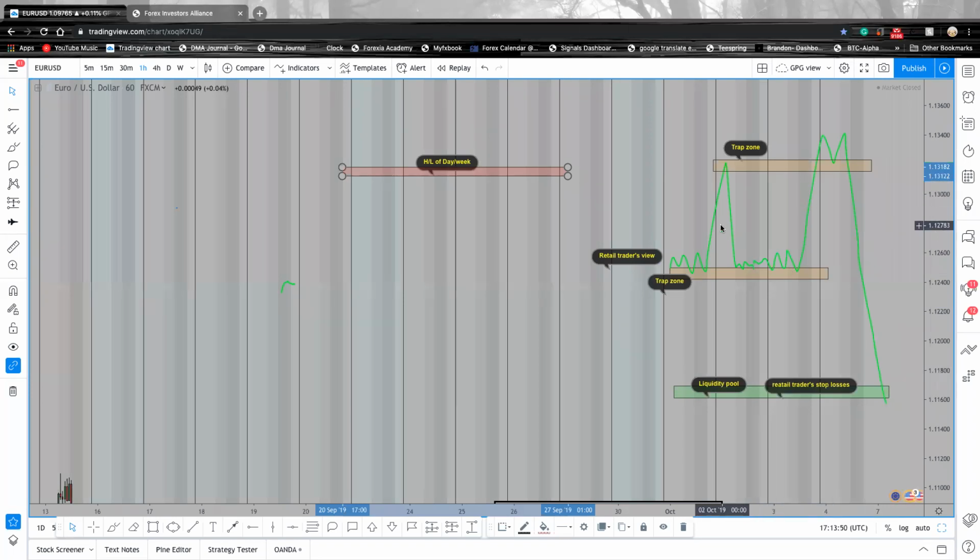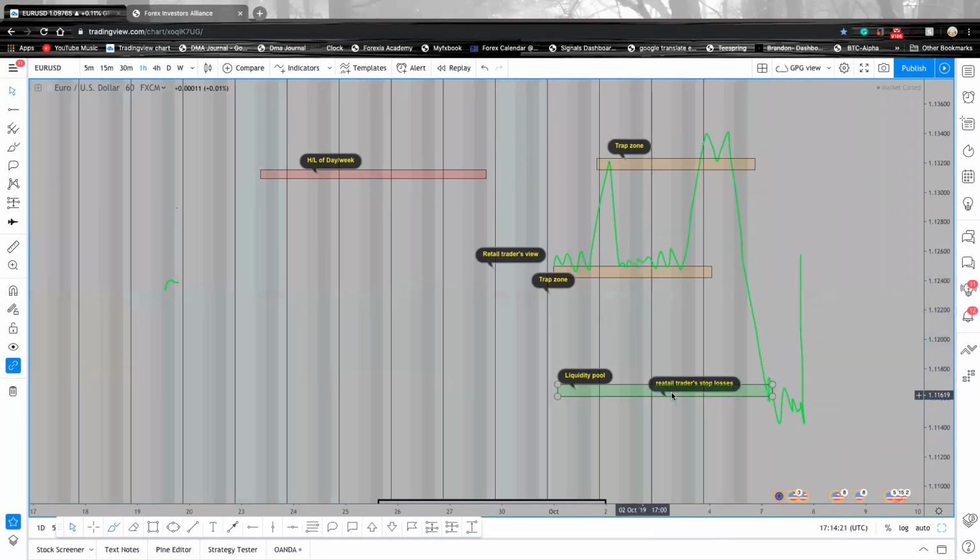So now, one more thing I should add. I already said that the high and low of the day or week will be a trap zone, and you also have to know that a liquidity pool will be a trap zone. How? After price comes to the area and grabs the liquidity, they start manipulating that they're going down, but they continue coming back up, or however the market makers see the liquidity working.